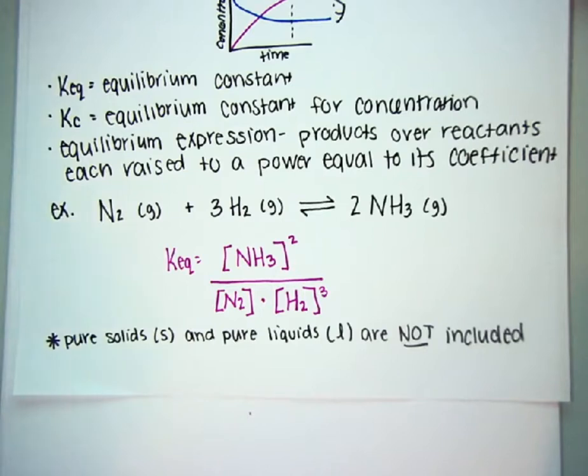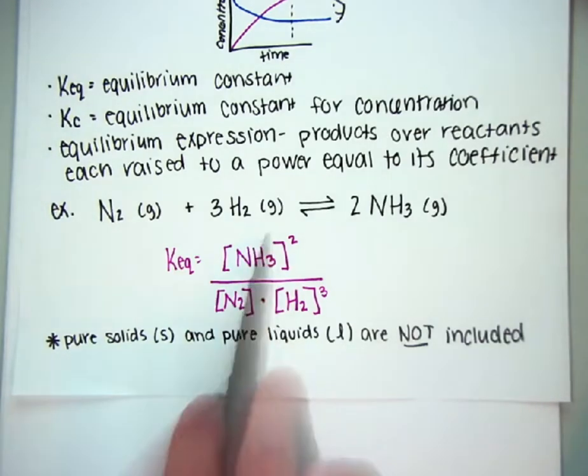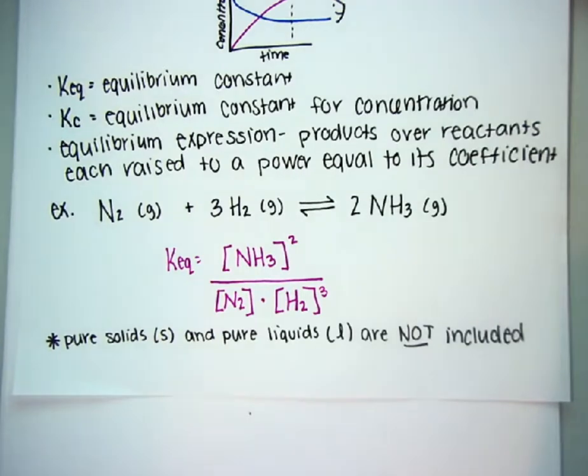The reason that they are left out is because they don't have variable concentrations. Their concentrations are not going to change. But if we had something like a gas, its concentration can easily change because it's compressible.